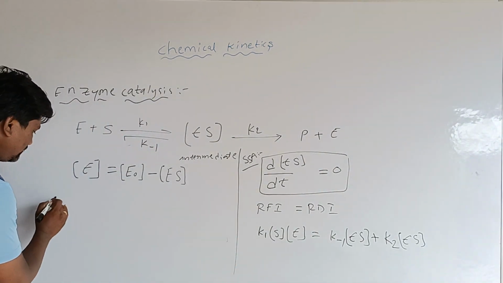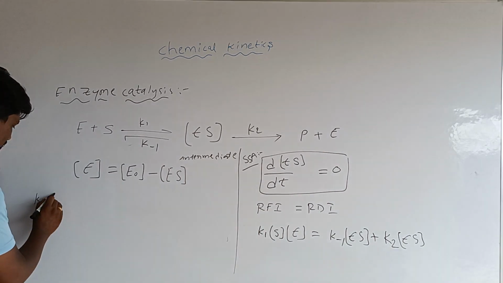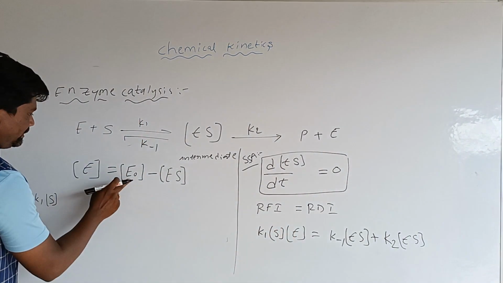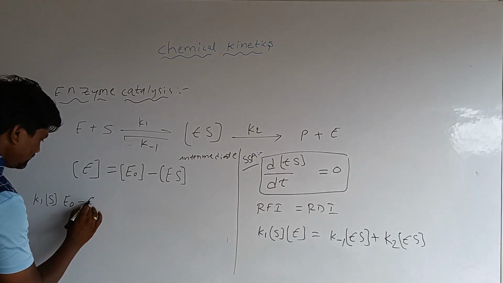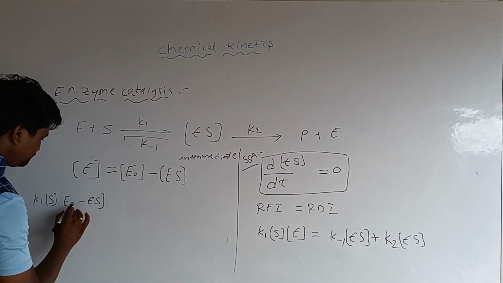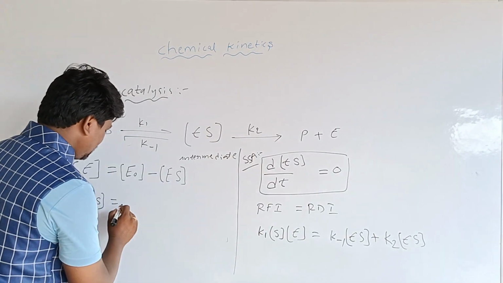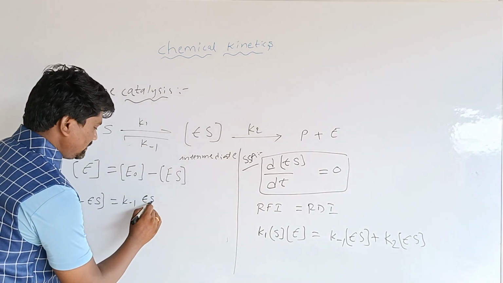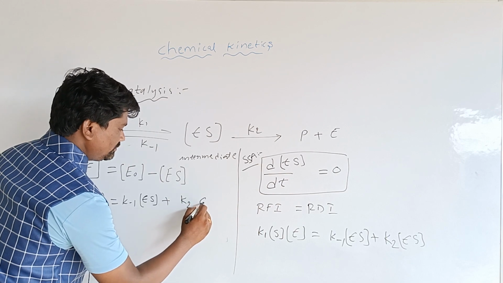Then what happens here? K1 into S into E is nothing but E naught minus ES. K1 S into E naught minus ES is equal to K inverse ES plus K2 into ES.